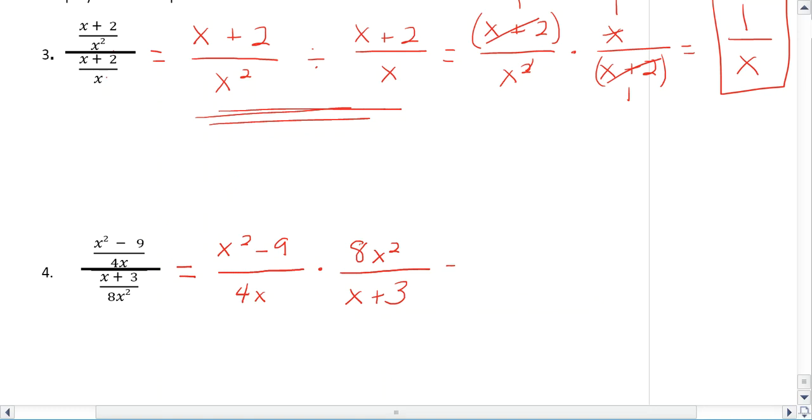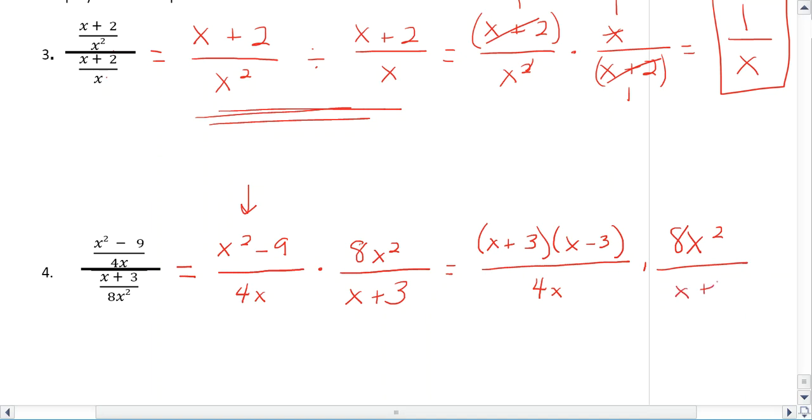And so now we got to think back to what we learned earlier about factoring. This numerator is the difference of two perfect squares, so it factors into x plus 3, x minus 3, and I still have 4x on the bottom. I have 8x squared in this numerator, and x plus 3 here.